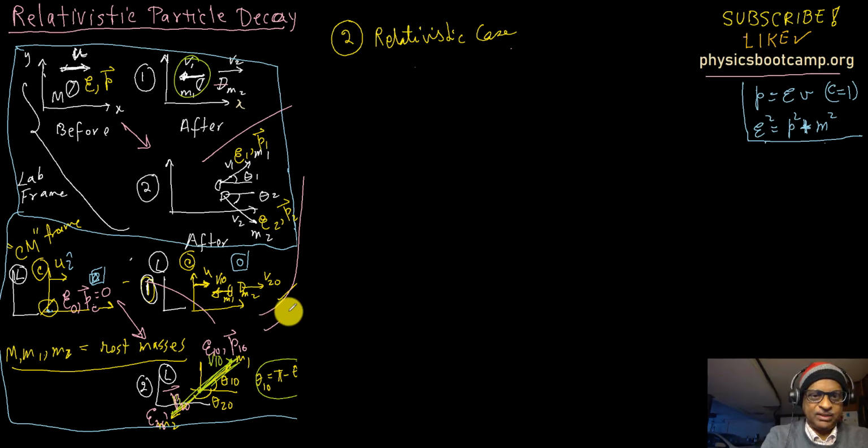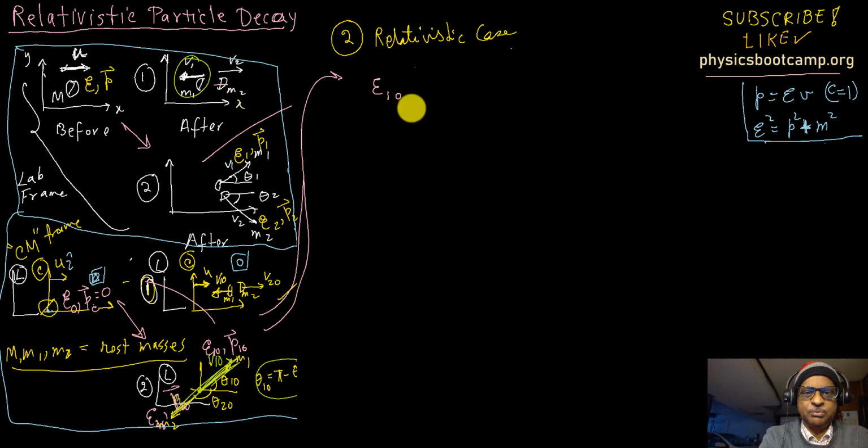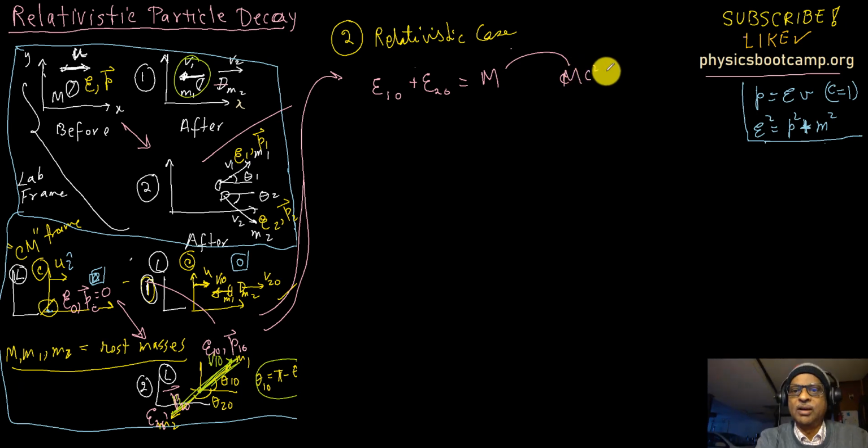So we do this. And here I use notation very similar to the one for one dimension. So E10 for this particle plus the energy for that particle should be equal to the rest mass, because this first particle is just sitting there, and it is actually mc squared, and c equals 1, so I just write m.